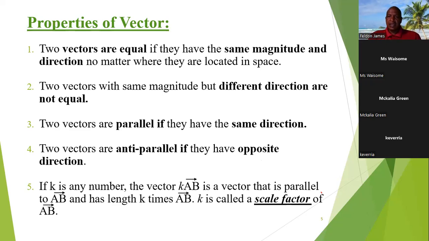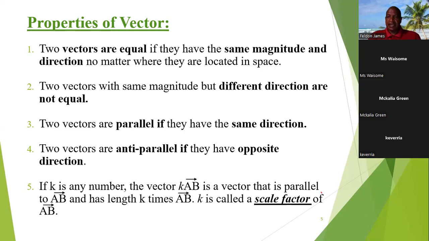All right. Now, in vectors, we also have a scale factor that we represent with K. You would have seen in enlargement where we use K as a multiplier to enlarge your image, or to enlarge a pre-image so that you get a larger image. It's the same thing that we do with vectors.